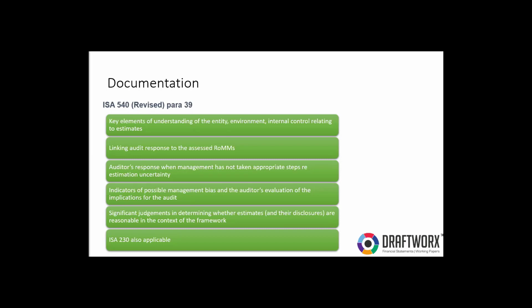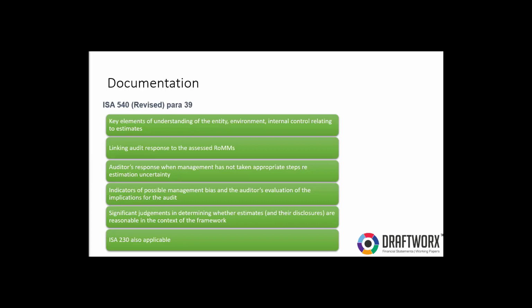You must document a clear linkage between your identified and assessed risk of material misstatement and your audit response. So your audit approach, your fieldwork testing.